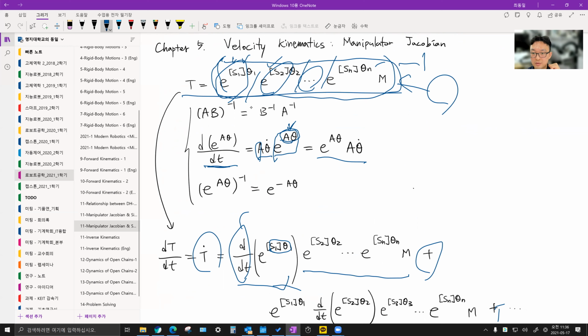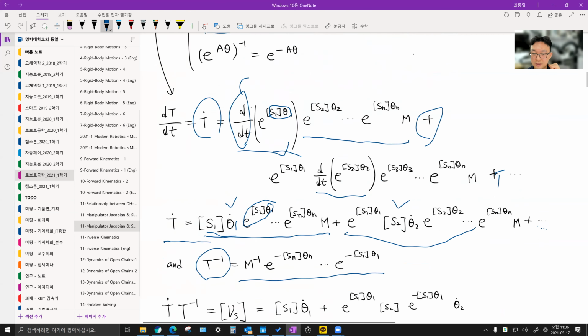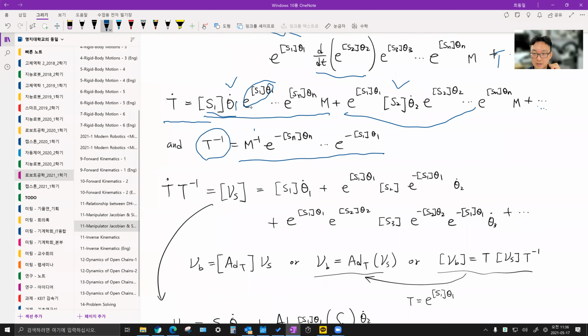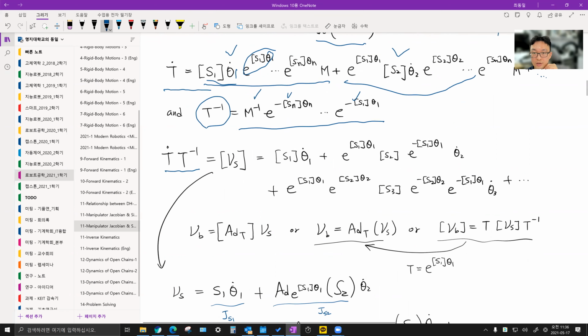So M comes out first, and this one comes out second, and this one goes to the last position. And we add the inverse index here like that. So multiplying this equation, T dot T inverse becomes like that.